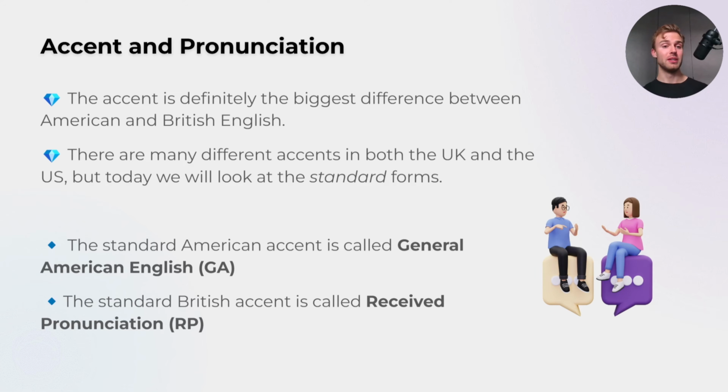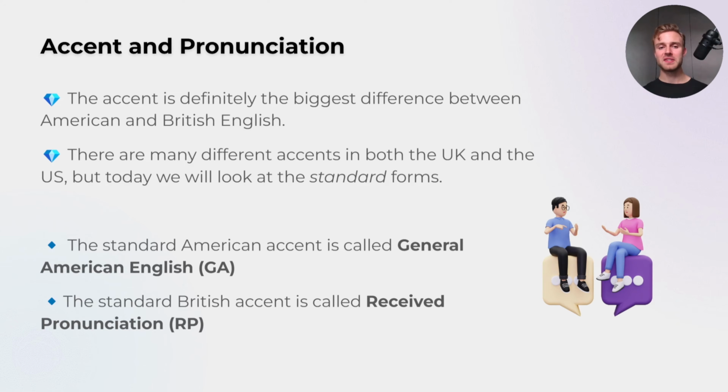Now, there are many different accents in both the United Kingdom and in the US. For example, in the UK, you have a London accent, a Scottish accent, a Welsh accent, Liverpool, Manchester, Birmingham, all these different accents. And in the US, you might have a Southern accent, a Boston accent, a New York accent.